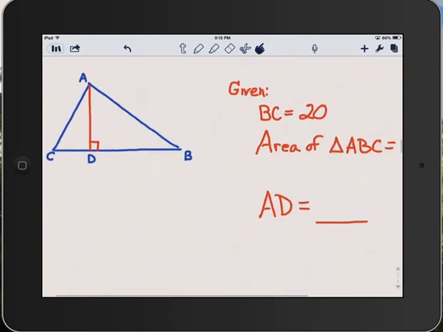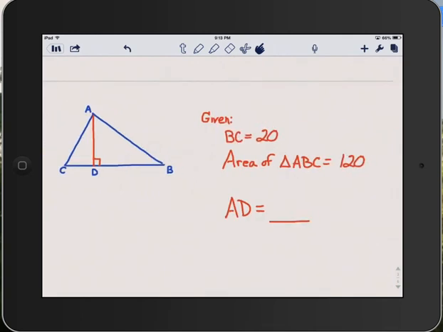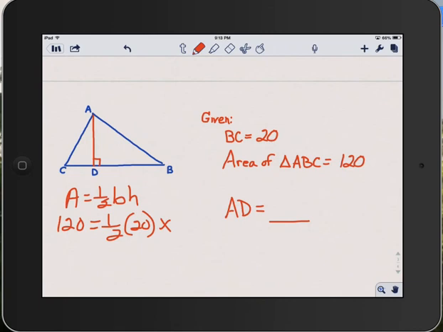Now we have the area is given, so we say the area equals 1/2 times the base times the height. So 120 equals 1/2 times the base, which is 20, times the height, which we'll call x. In this case, you can proceed a couple of different ways. I'd rather say 1/2 of 20 is equal to 10, so we really have 10x equals 120.